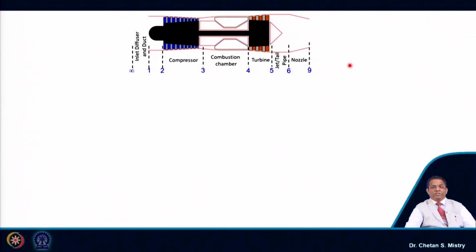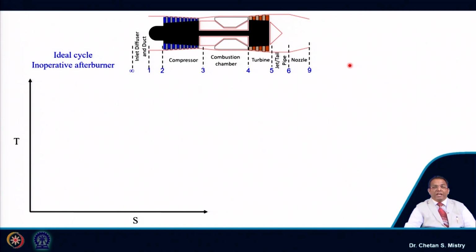So, here let us try to understand how we represent all these processes which are happening inside the engine. We will present our ideal cycle, without afterburner, the performance of this engine, or the processes, represented on a TS diagram. Here, this represents my atmospheric entry, from where the air enters my intake.